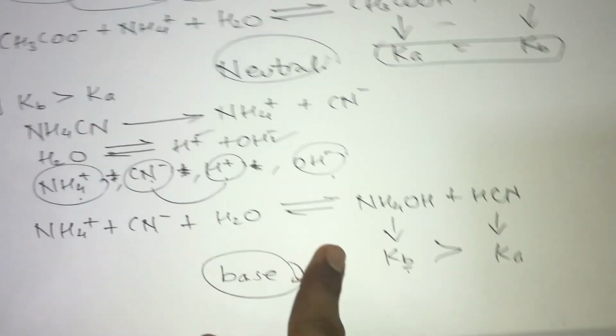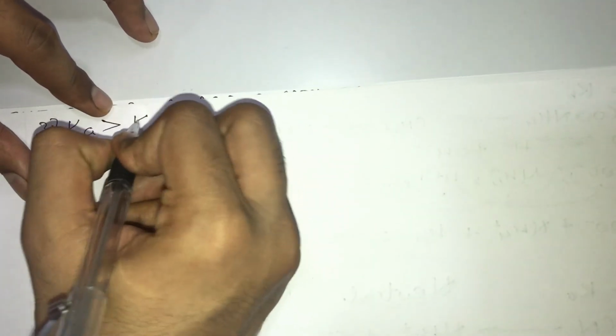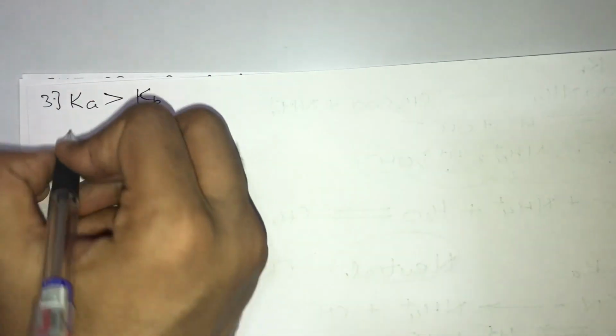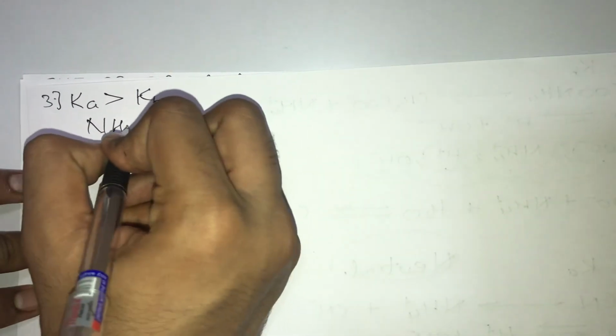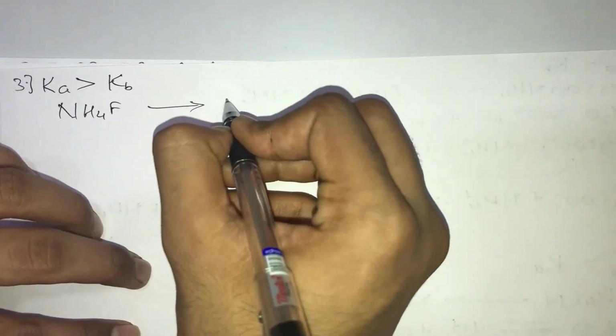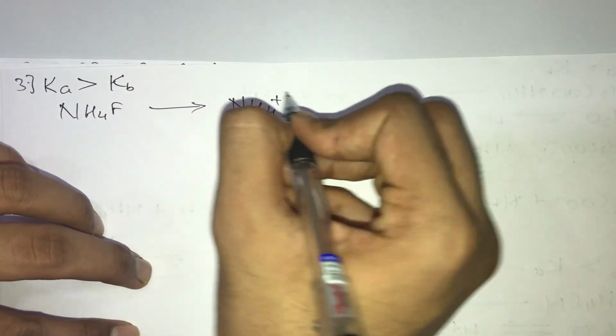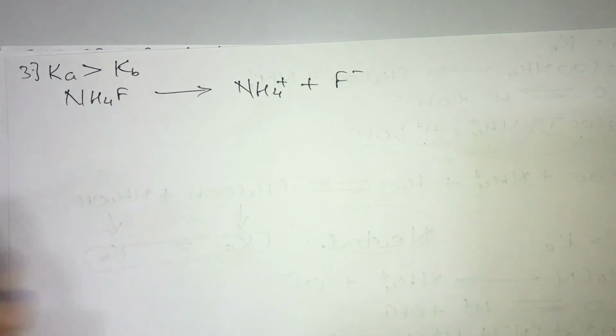Okay, now let's understand the third case, where your Ka value will be greater than Kb value, and let's take an example over here of NH4F. This NH4F is a salt, and we know that salt is a strong electrolyte, so it will dissociate into its ions NH4 plus and F minus.